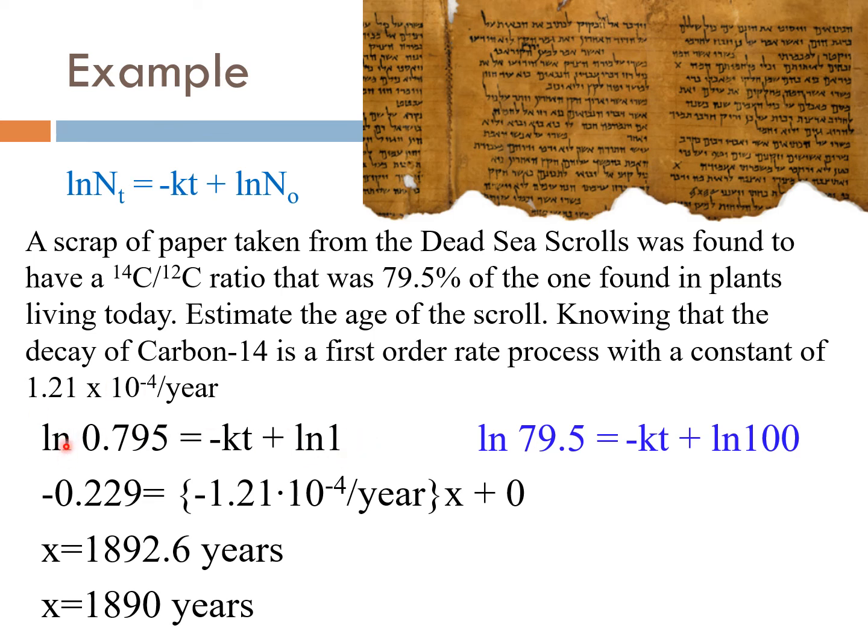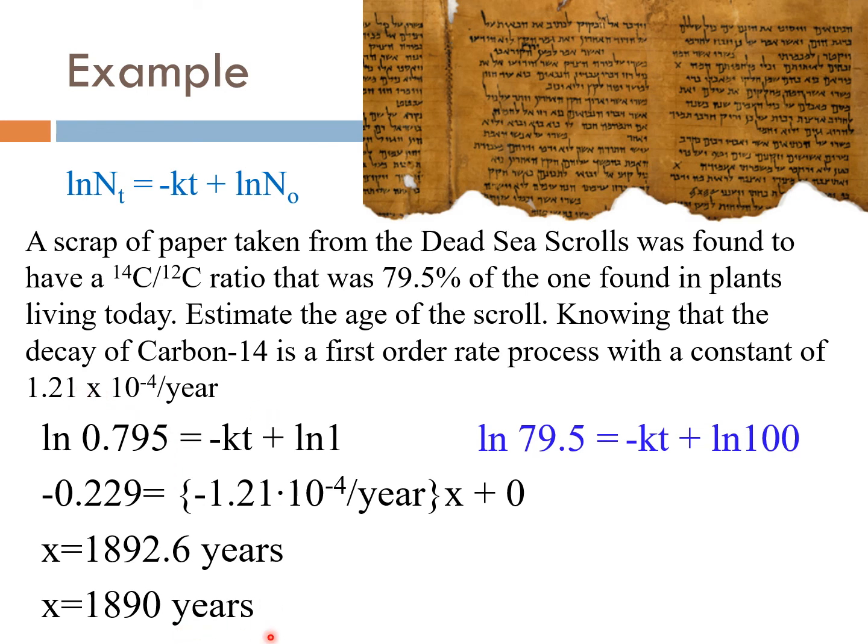That means that the logarithm of 0.795 minus the logarithm of 1 would become the logarithm of the ratio. And so the ratio is the same in this equation and in this. So I feel confident taking this one because it's just simpler. Because then the logarithm of 1 is 0, it goes away. And then I solve, and because the constant was in years to the -1, I get the time in years.